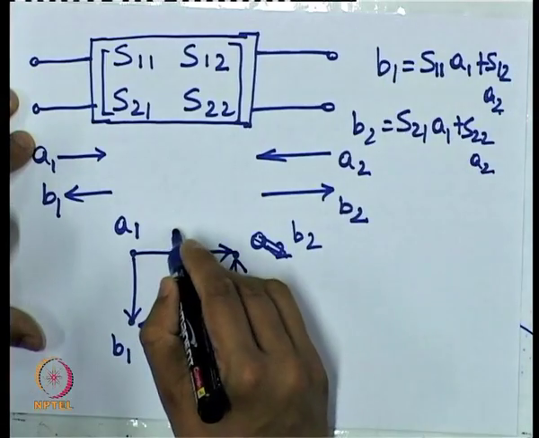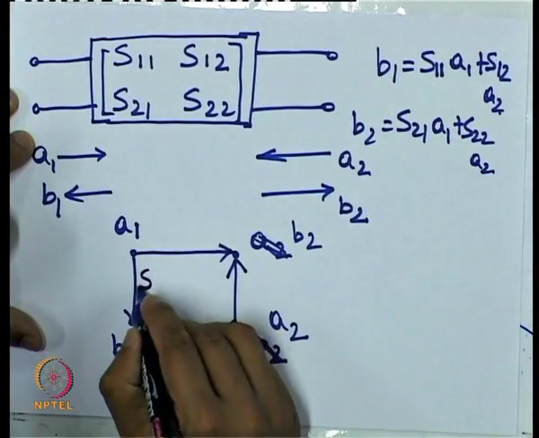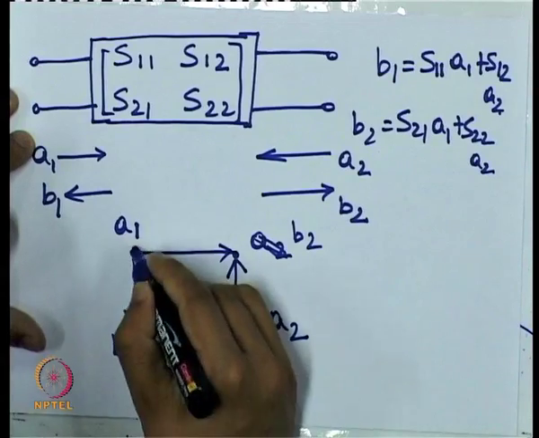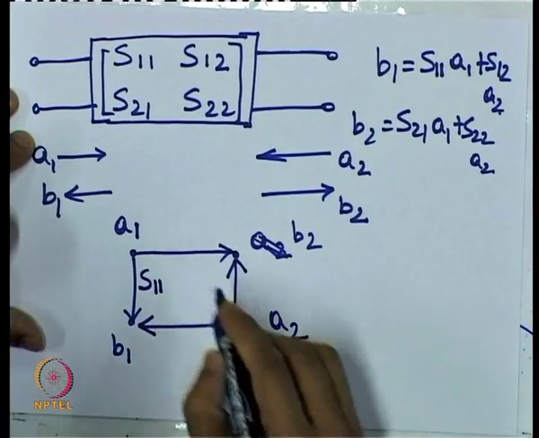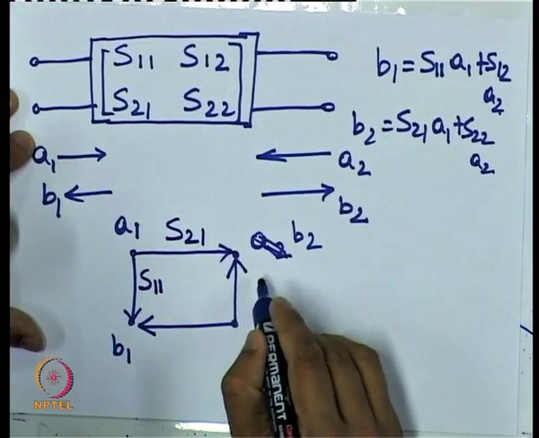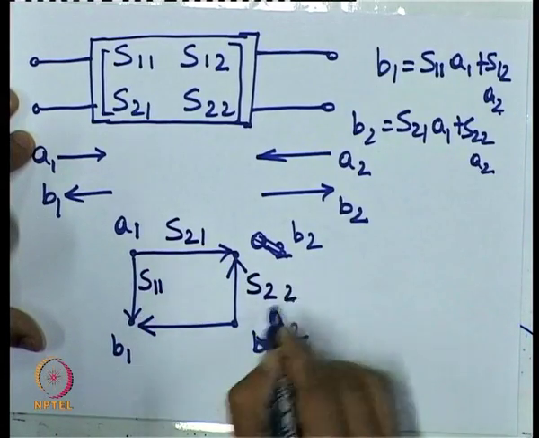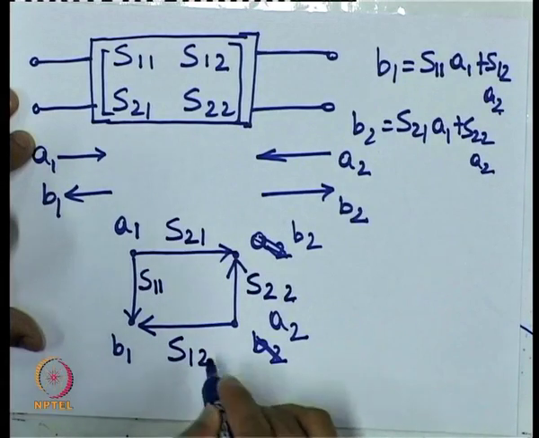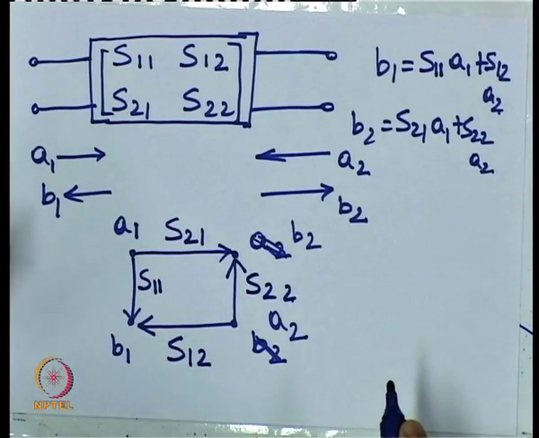So that S11 will be the weight of this branch joining the two nodes. Similarly, this will be S21, this will be S22, this will be S12. Fine.